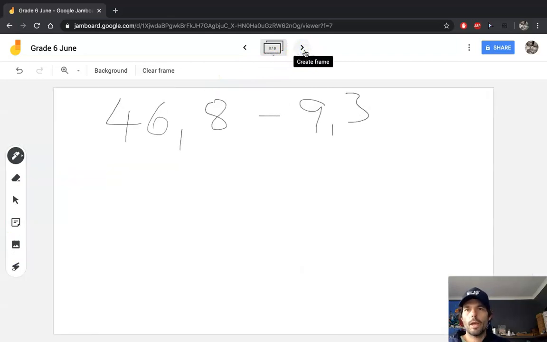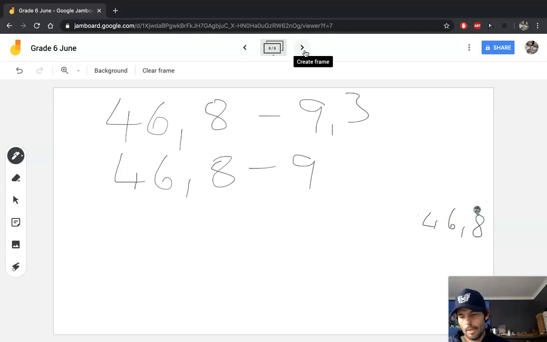And then with the subtraction, I'm first going to subtract 9. To subtract 9, I'm going to use the jump strategy, and I'm going to go back 9 places. If I go back 6 places, I know that I'm going to end up at 40,8.